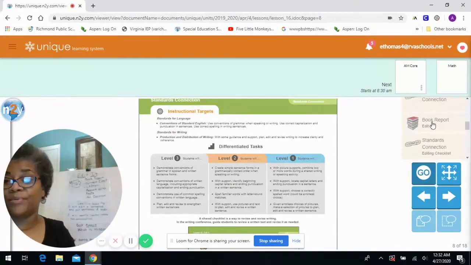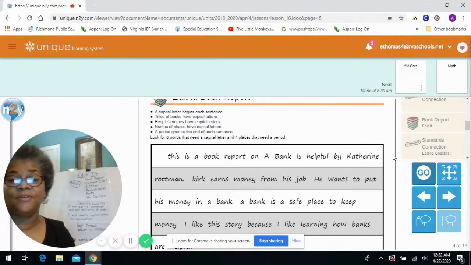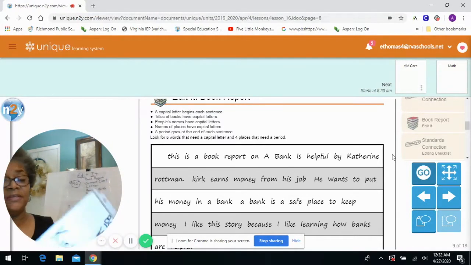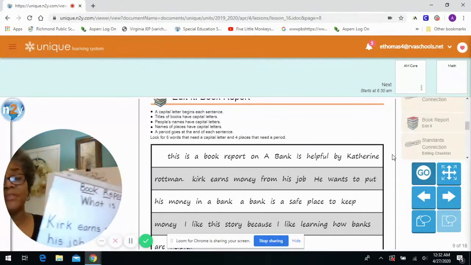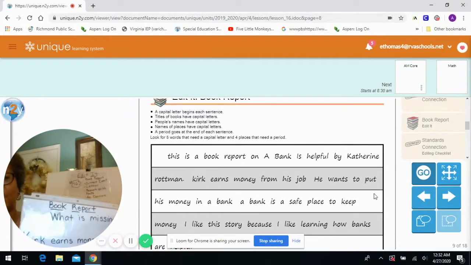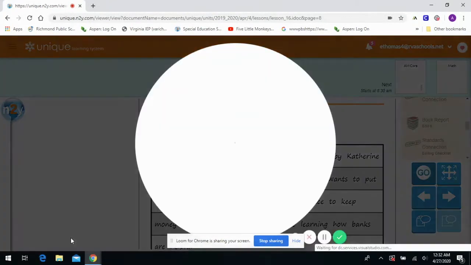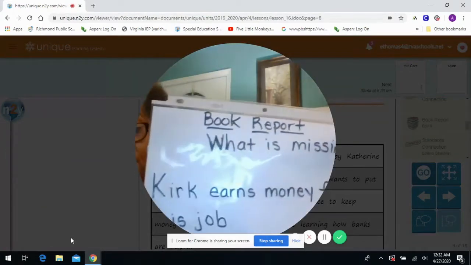Okay, so this is how we edit. We have to have a capital letter at the beginning of a sentence. All right, a capital letter at the beginning of the sentence.